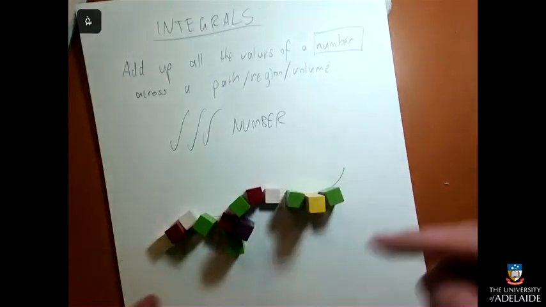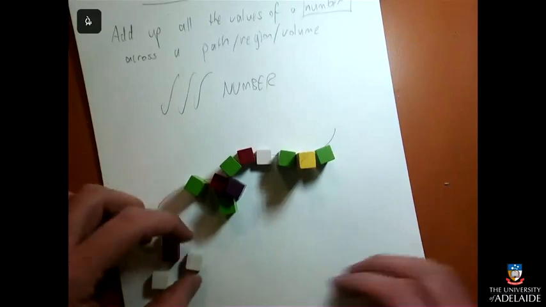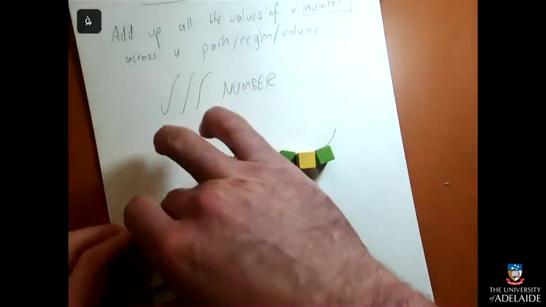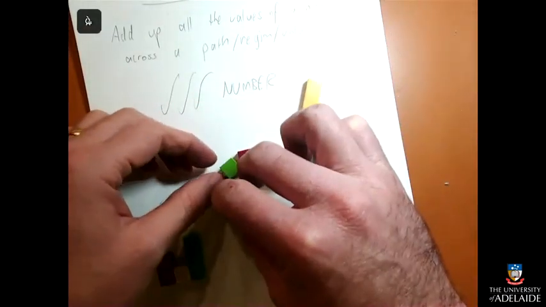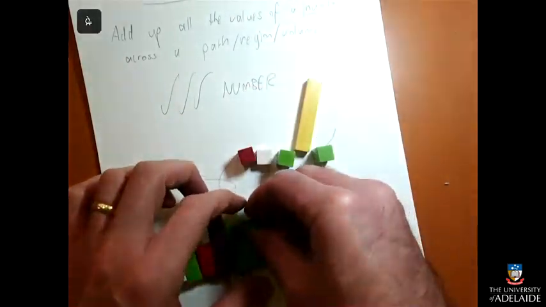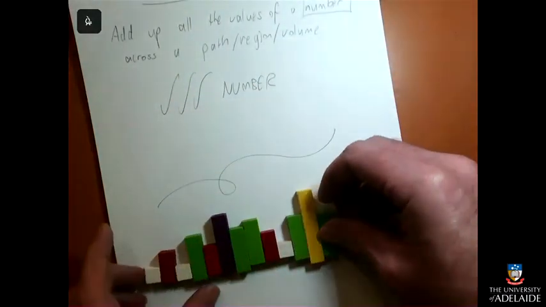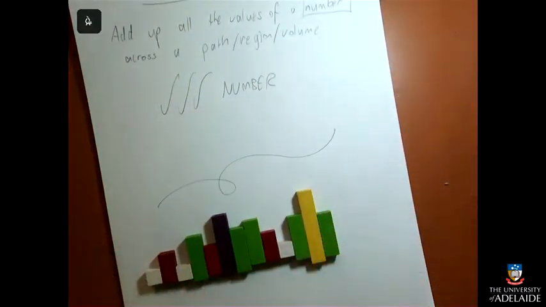And so I'll take all of these numbers, and I will interpret it as a graph, and I'll add up all those areas, and it will produce an area. That's the idea behind it.